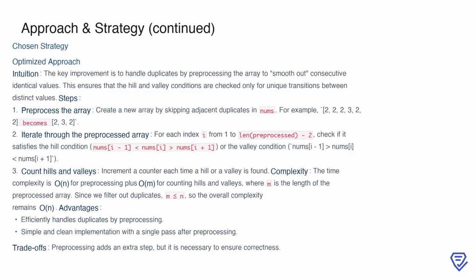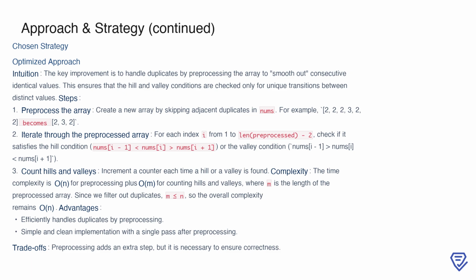This pre-processing ensures that the conditions for hills and valleys are checked only when there's a meaningful change in the sequence. After pre-processing, we iterate through the filtered array, examining each element from the second to the second to last. At each index, we check if the hill condition, where nums[i-1] < nums[i] > nums[i+1], or the valley condition, where nums[i-1] > nums[i] < nums[i+1], holds true.